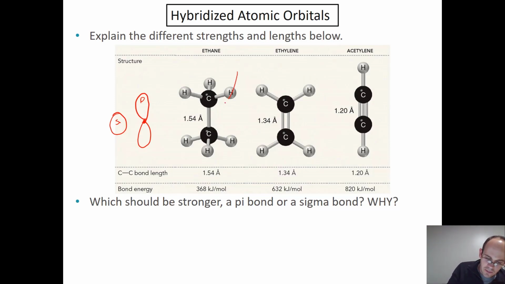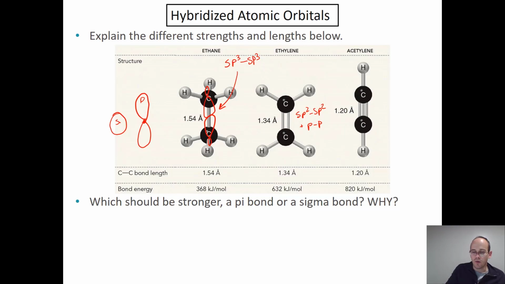So this bond is composed of sp3 overlap, sp3 on this carbon, sp3 on this carbon, and I'm not drawing the back lobes, I should. This bond is sp2 and pp overlap.